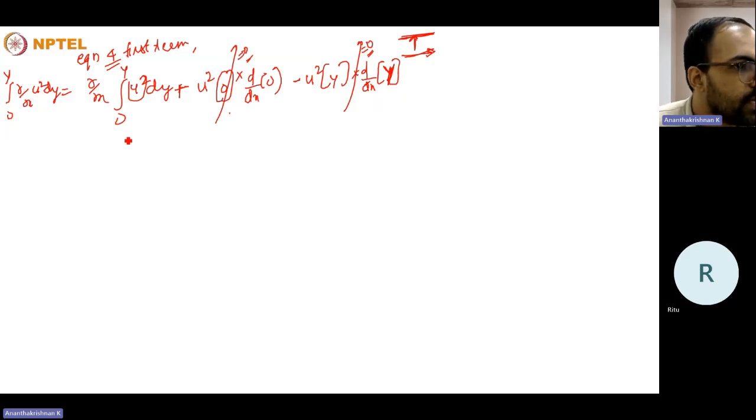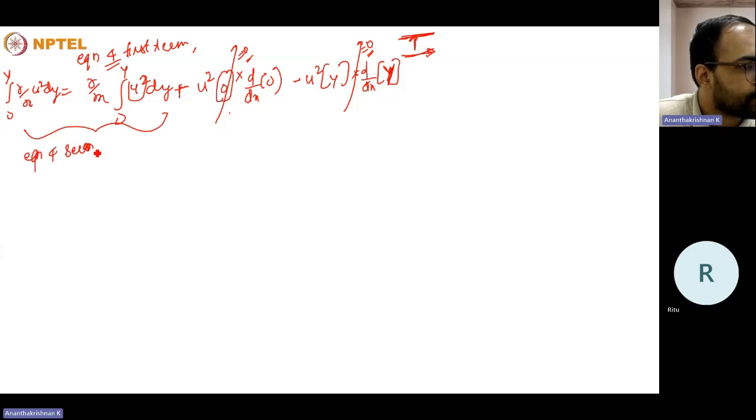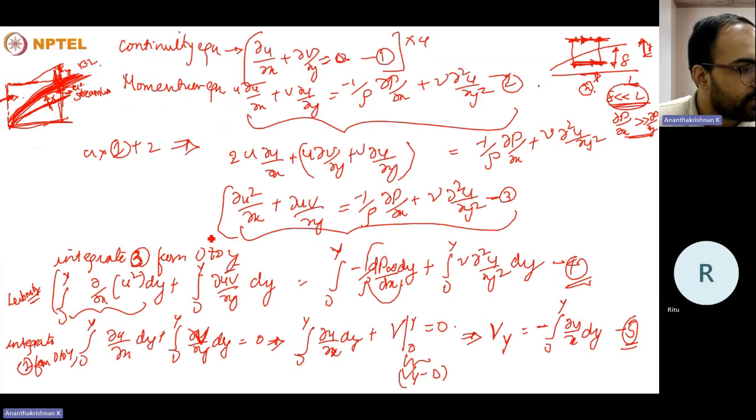That's why you could write the first term is equal to the integral of the derivative will be equal to derivative of the integral. So the first term will be straightforward, and the second term, equation 4, second term will become integral of 0 to y dou u v divided by dou u.